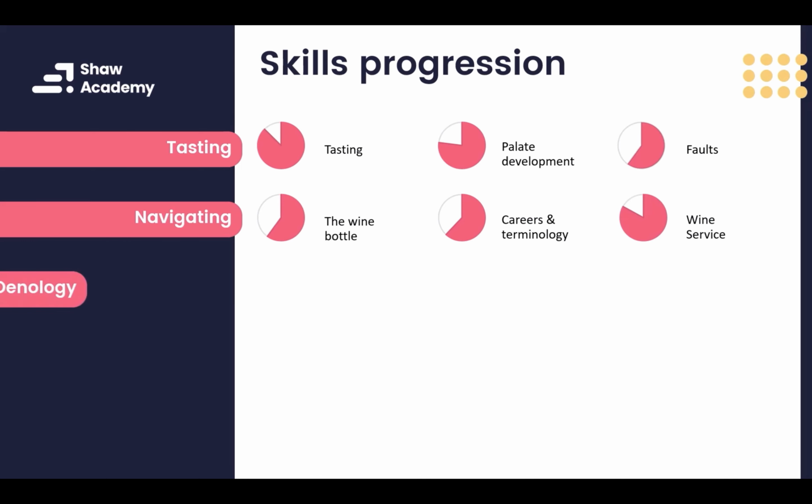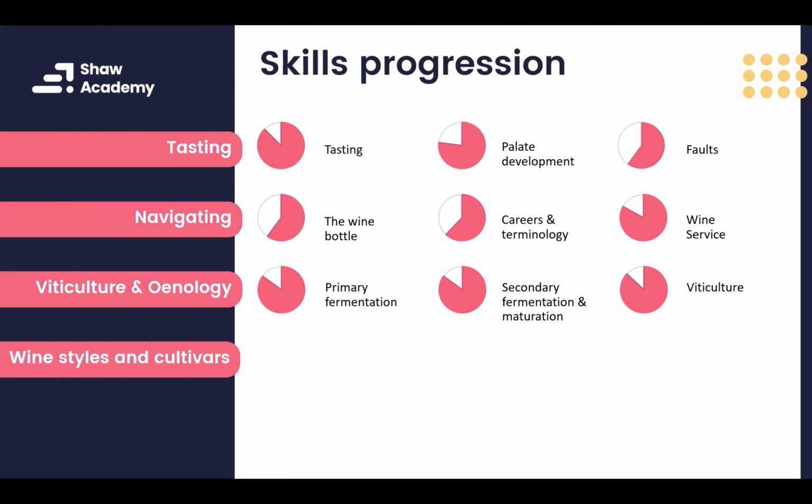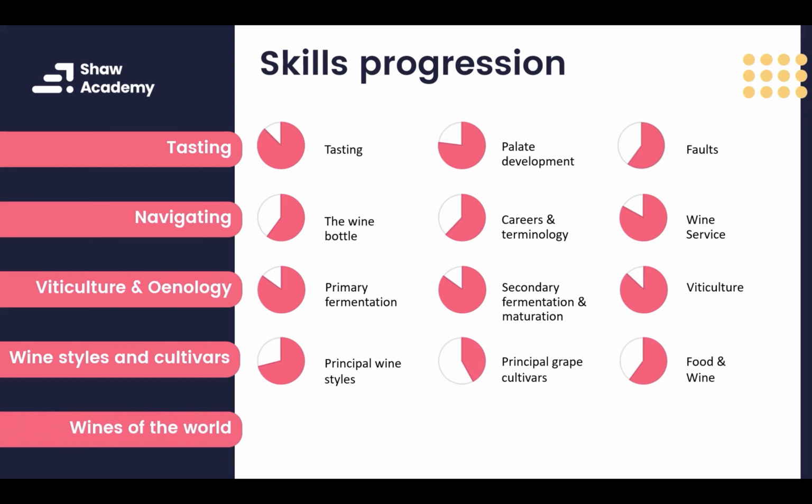In the viticulture and oenology department, we have learned so far about primary alcoholic fermentation, secondary fermentation, and wine maturation, as well as viticultural practices. In this course, we will learn about principal wine styles, principal grape cultivars or varieties, and food and wine pairing. And lastly, we will study the wines of the world, including Old World wines, New World wines, which we introduced today, and innovation in the wine industry.